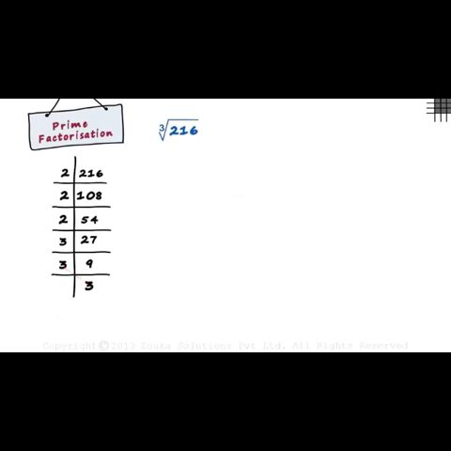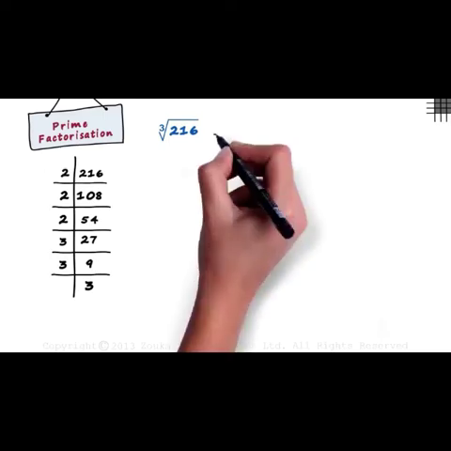Therefore, the factors of 216 are 2 into 2 into 2 into 3 into 3 into 3.